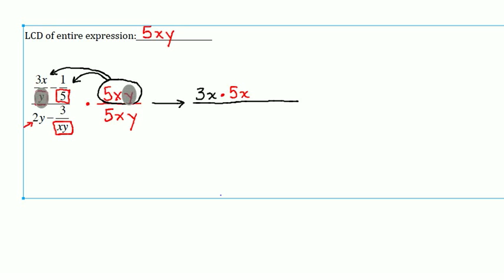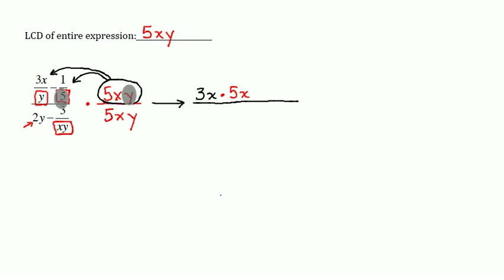Then for the next product, the 5 is the factor in the denominator that's going to cancel. So what I have here is now minus 1 from my numerator times xy from my LCD.